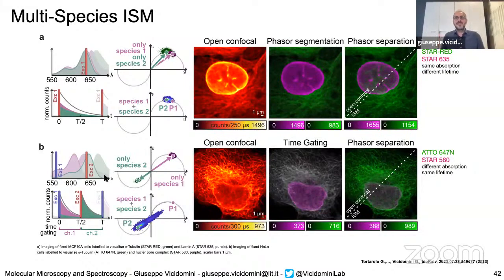Then I want to show another nice example, which is, again, multicolor imaging. In this case, there is no difference in lifetime, so I cannot separate the two fluorophores by lifetime, but I can separate them because they can be excited with two different lasers, a blue laser and a red laser specifically. And I can apply pulsed interleaved excitation.